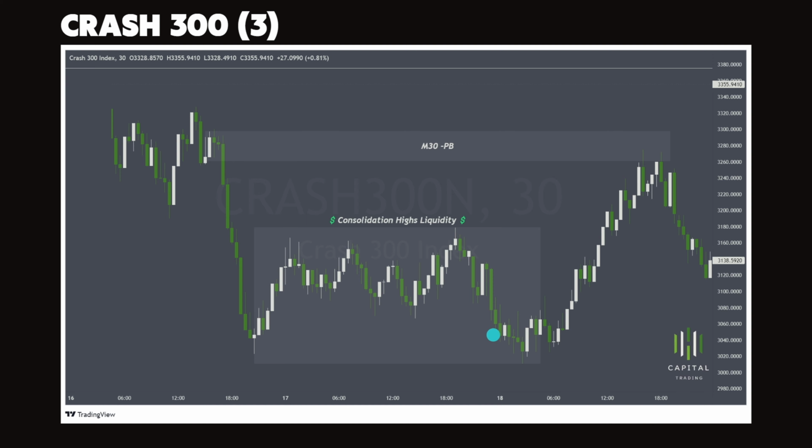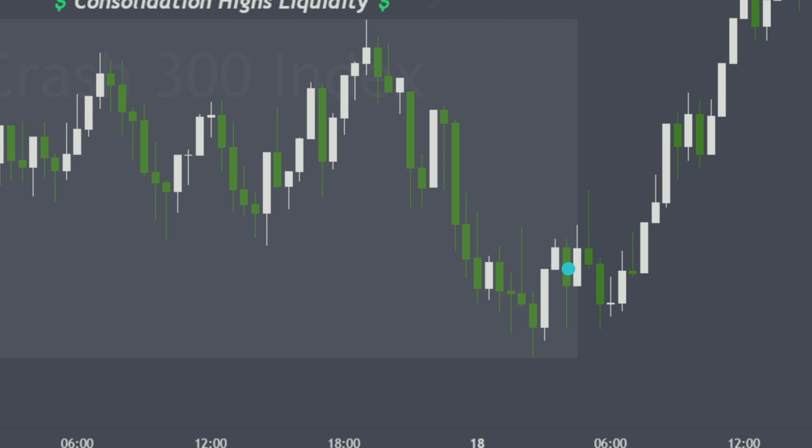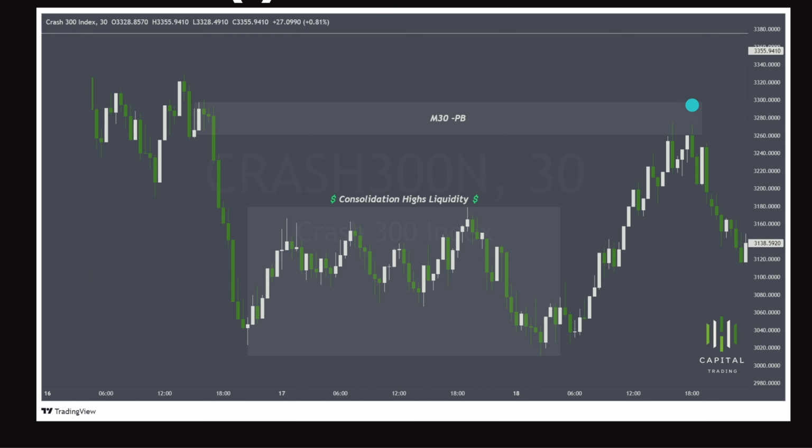That's exactly what happened here. We had them going up and then returning into this bullish order block, and then pushing to the upside into the bearish propulsion block. So that's how you would identify liquidity on Crash 300.